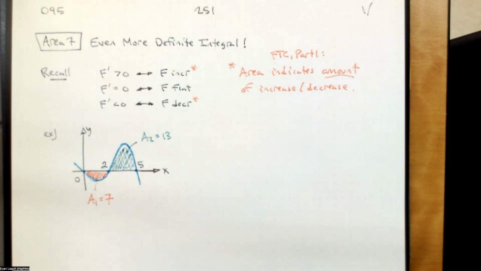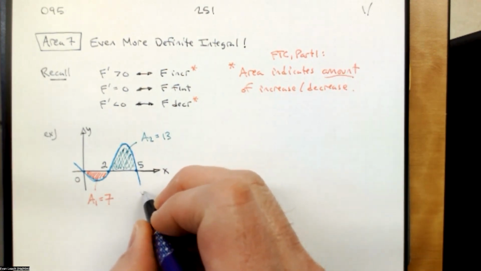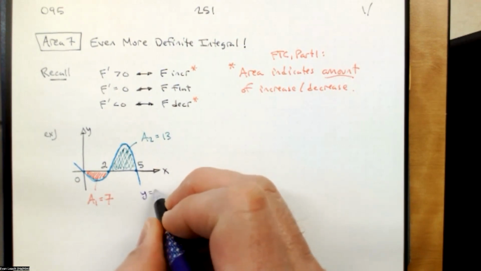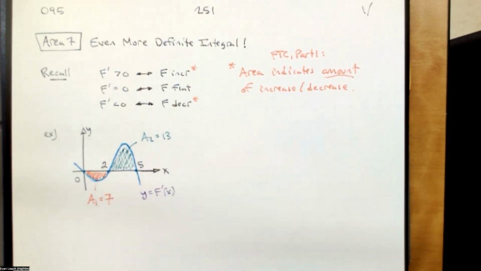And let's read this function as capital F prime. This is the derivative. So this is the derivative of capital F. What we see is between 0 and 2, the derivative, capital F prime, is negative.